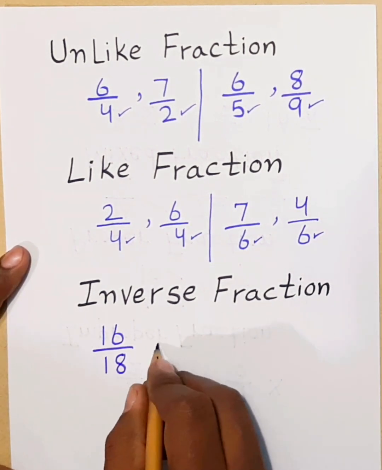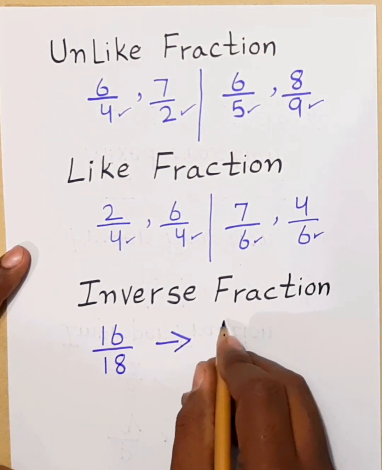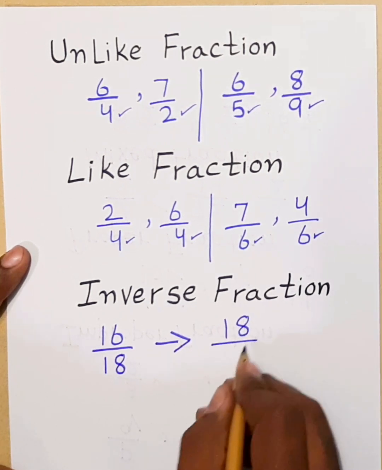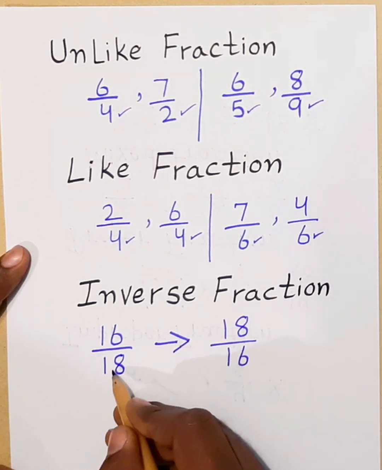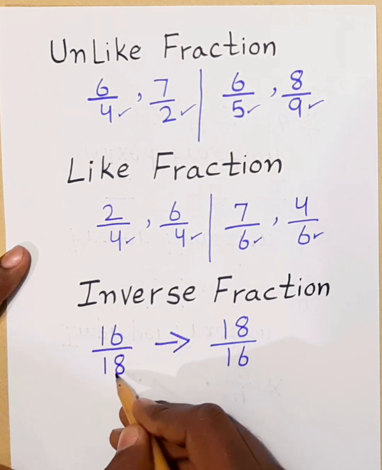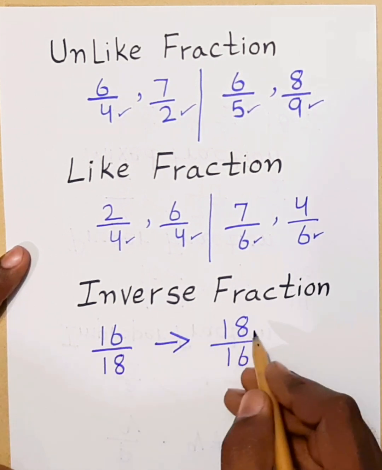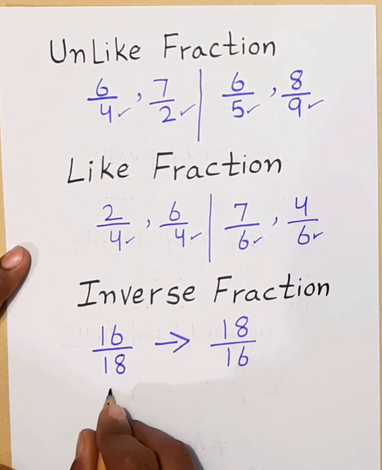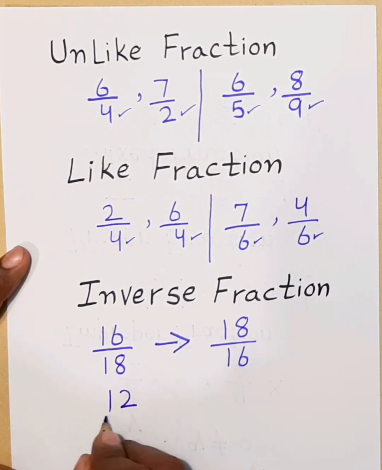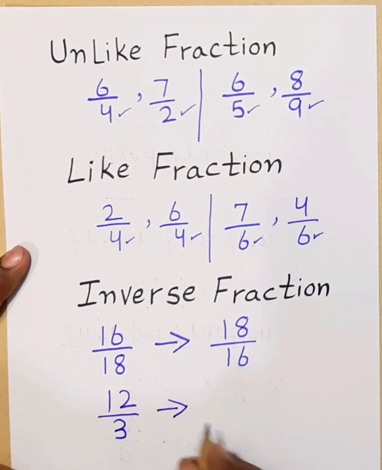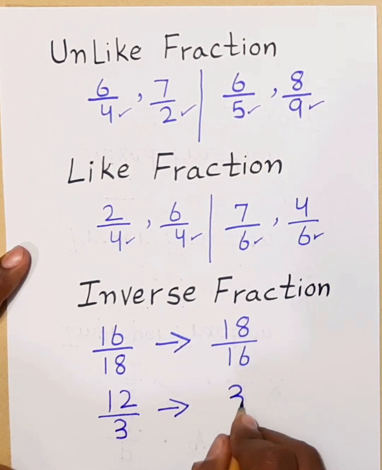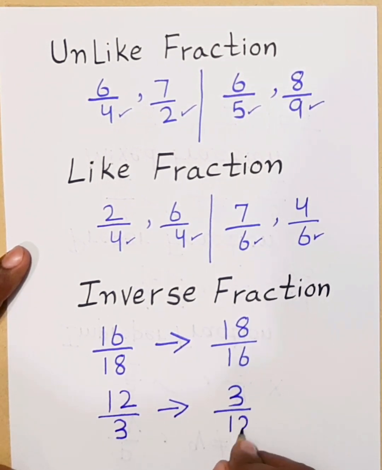You have to inverse it. So the answer will be 18 upon 16. The numerator becomes the denominator and the denominator becomes the numerator, like this. For another example, 12 upon 3. If we inverse it, the answer will be 3 upon 12.